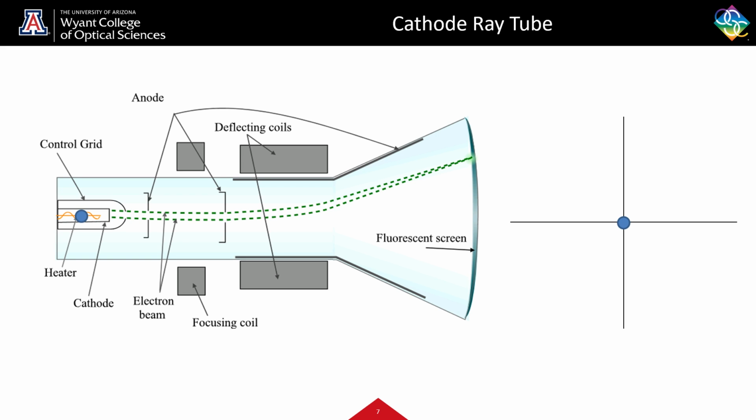And with this tube, we can create a magnetic field which allows us to move a photon up, down, left, or right. And from this, we can start to generate an image.